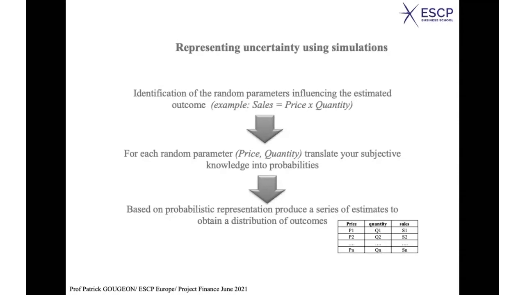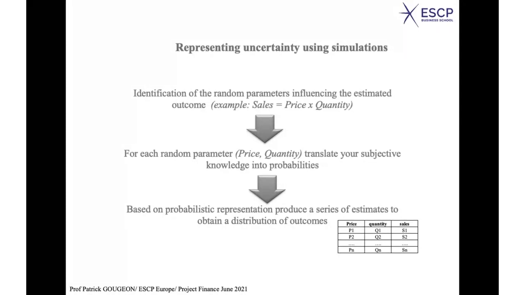It's quite easy to do now using the type of tools which we have. You can use Excel tables to do that. Because you know the probabilistic characteristic of the price, you can develop a series of 1,000 prices which will be distributed following the probabilistic characteristic of the price.